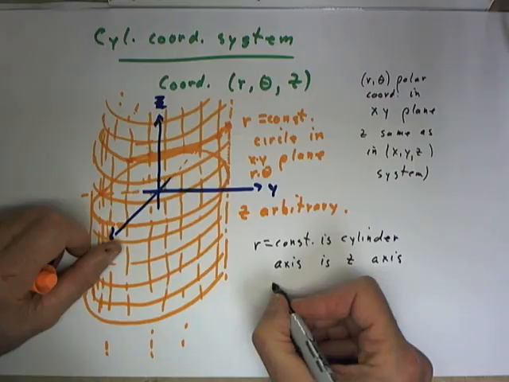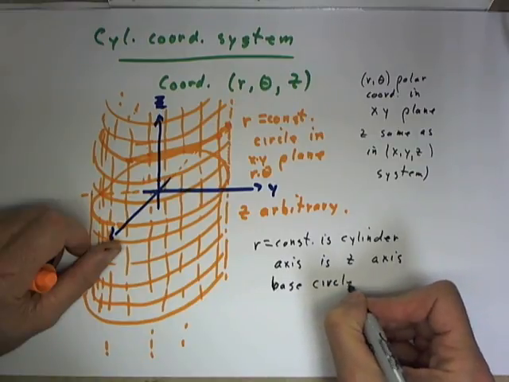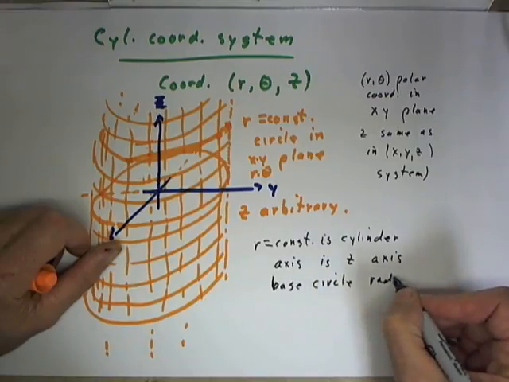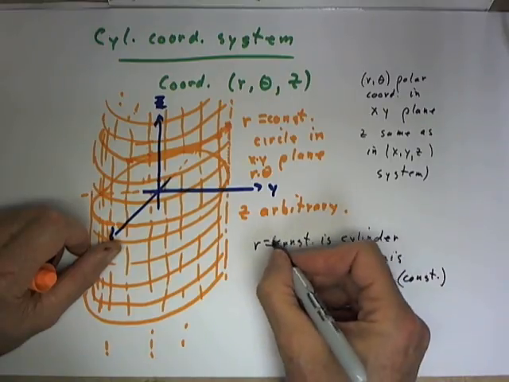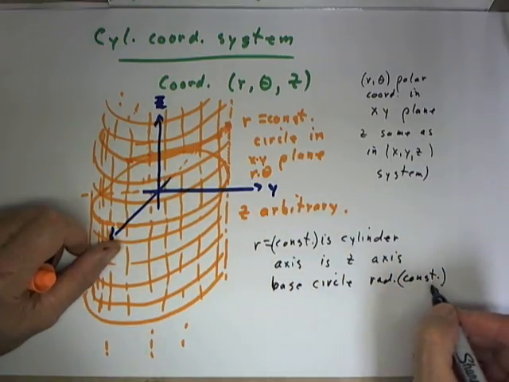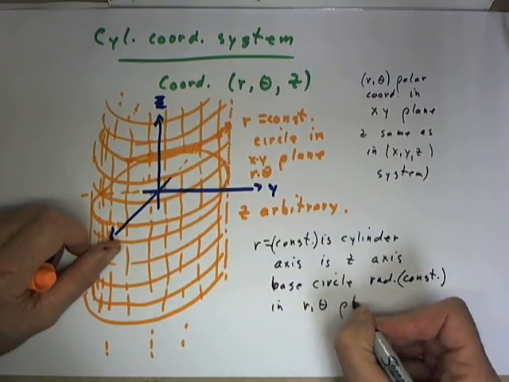Its base is a circle of radius, whatever our constant is, in the r theta plane.